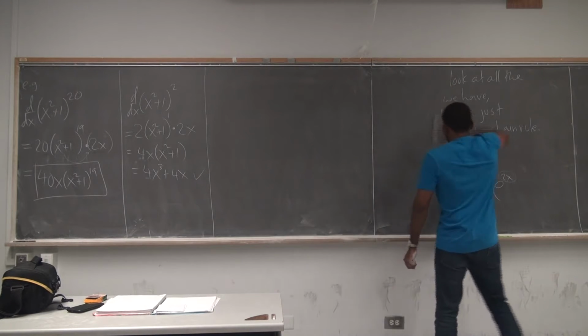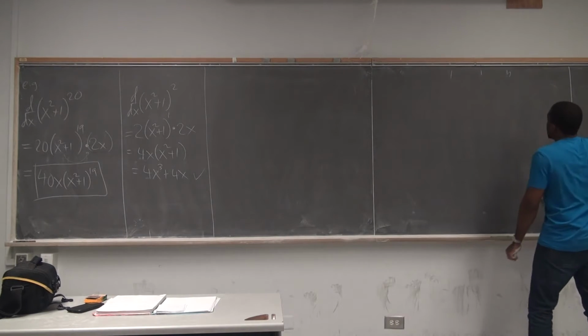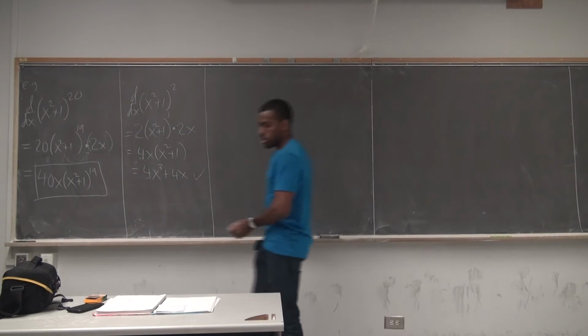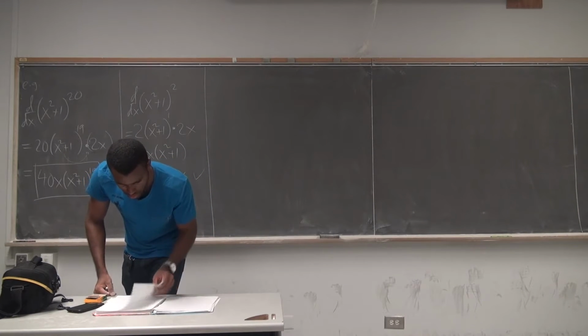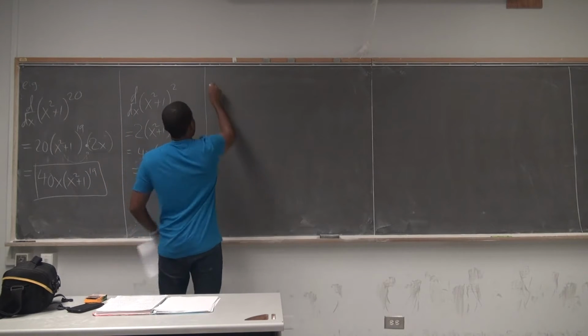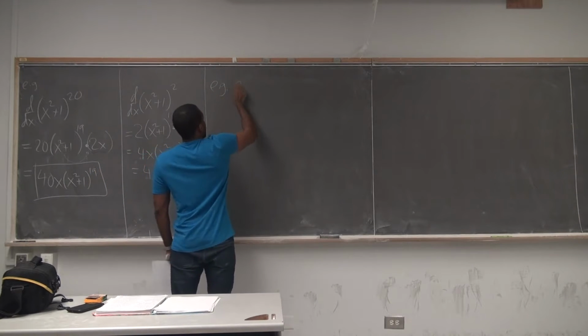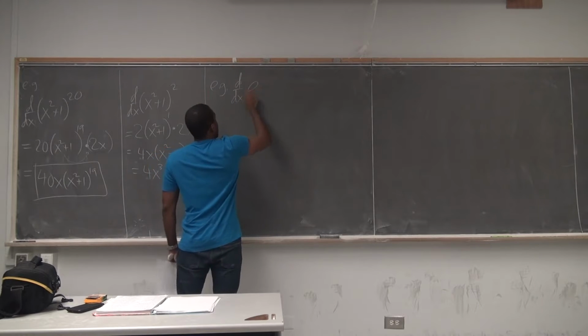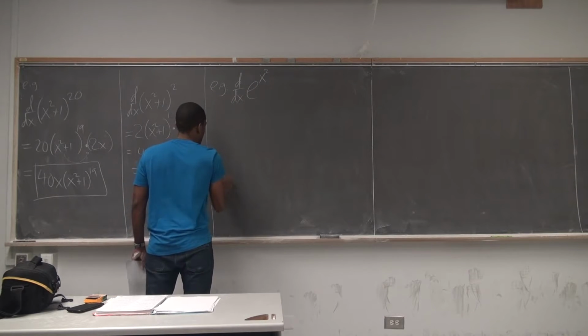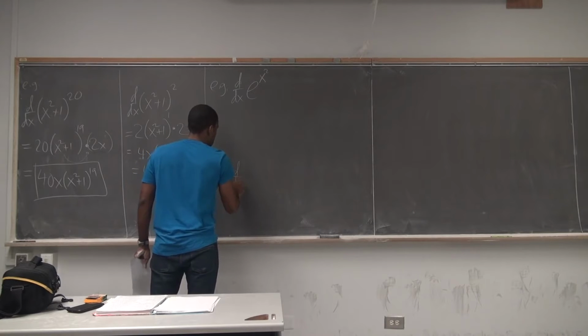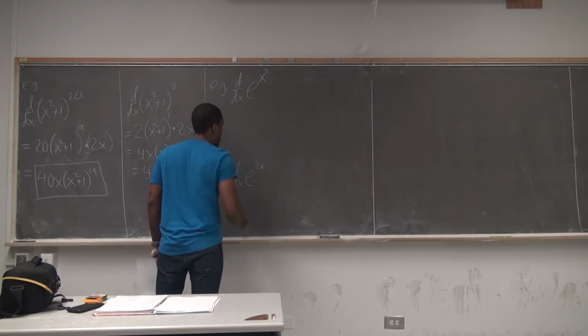So let's actually do some more. Let's do that one that I mentioned earlier. The derivative of e to the x squared, or the derivative of e to the 2x.